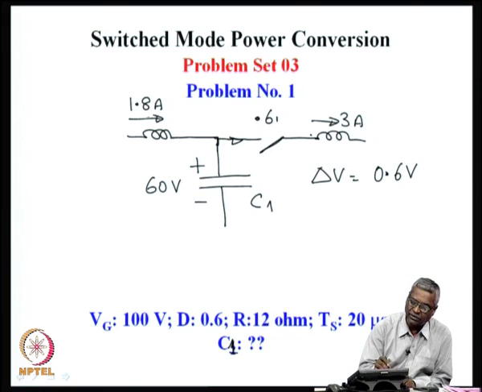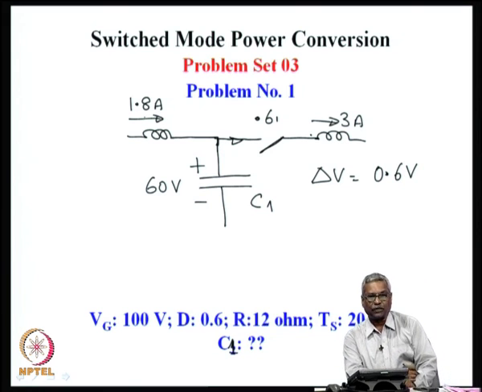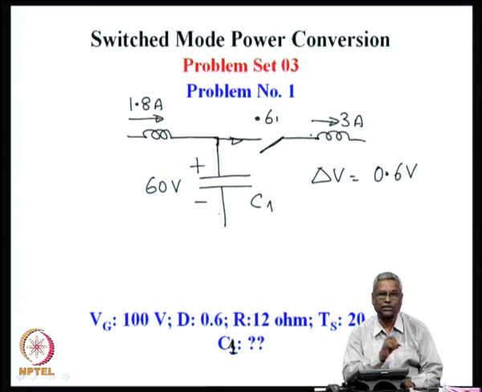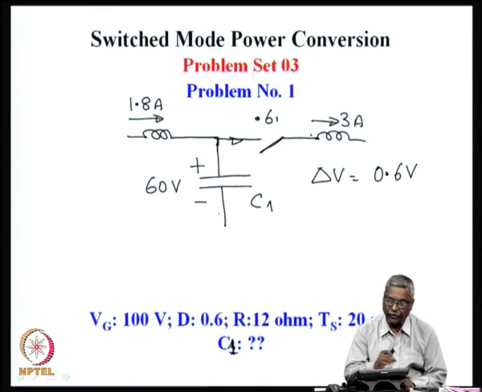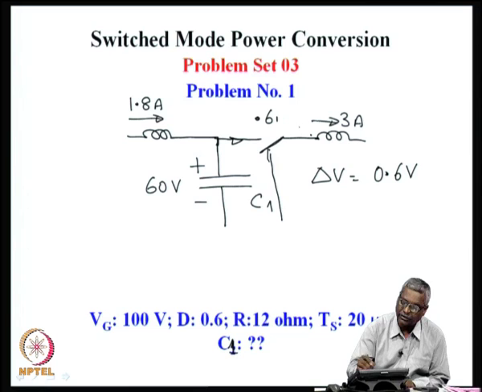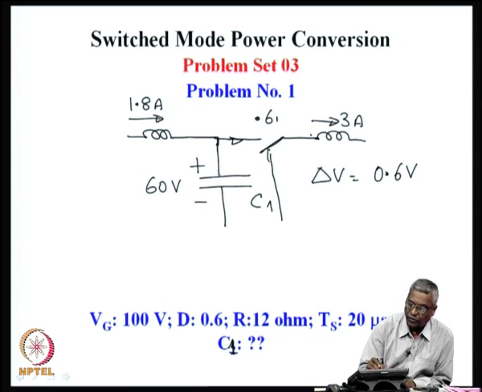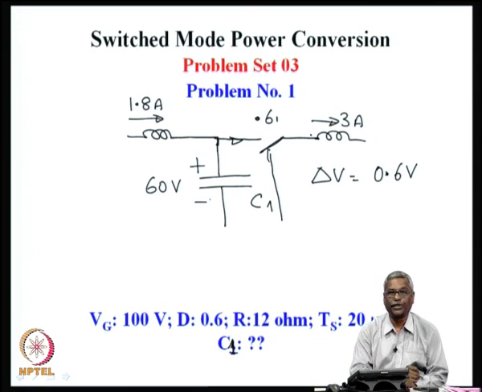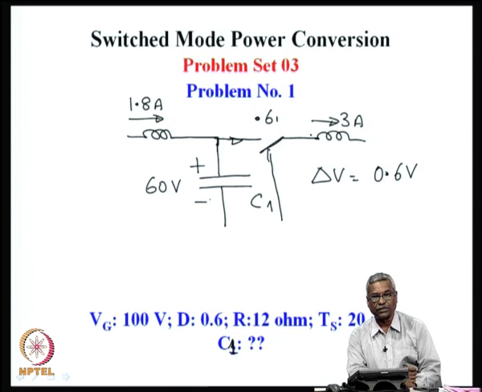That average current is the same as the average inductor current, so there is no net average current in C1. But during the time this switch is open, where the inductor current is freewheeling, this entire 1.8 amperes flows into the capacitor C1.